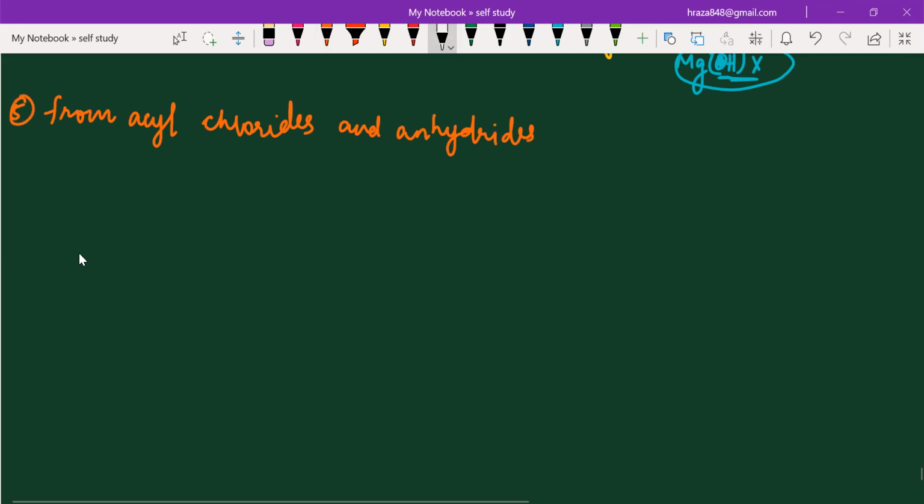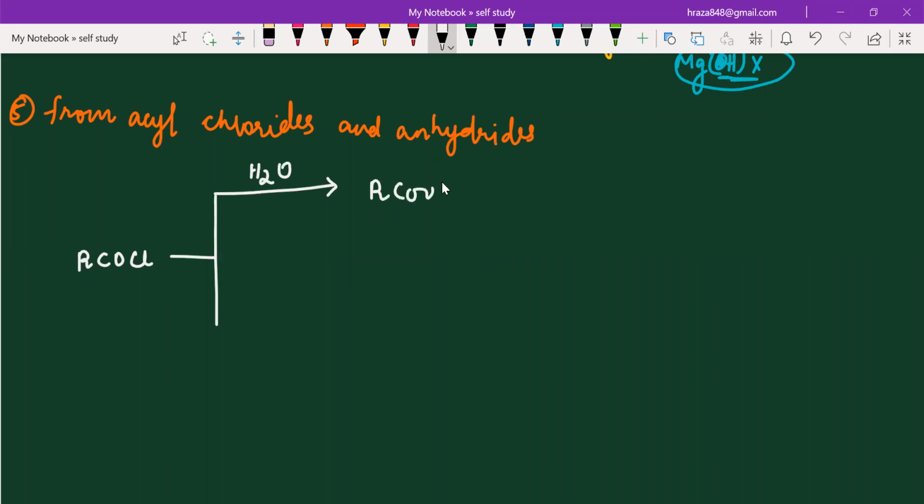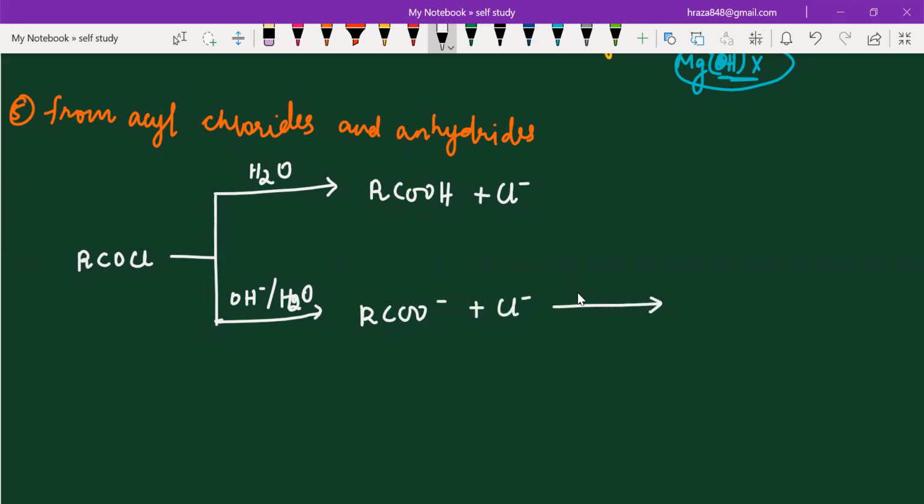Now, as you can see, this is your acyl chloride, and if you are going to react this directly with H2O, you will get RCOOH plus Cl minus. And if you are going to react this with H2O in the presence of base, you will get first RCOO minus and Cl minus, and then again react with acid H3O positive. Then you will get RCOOH.